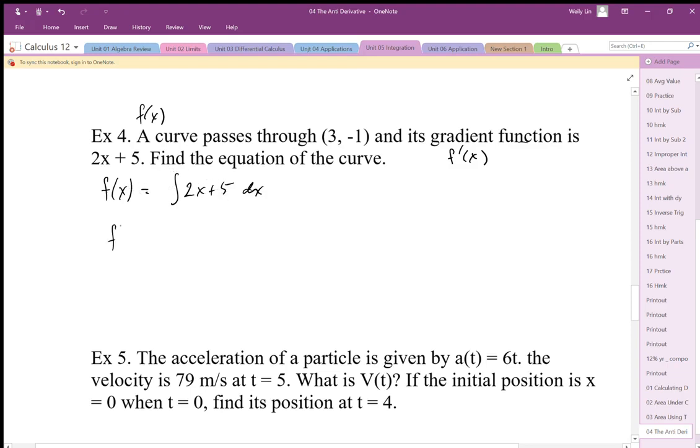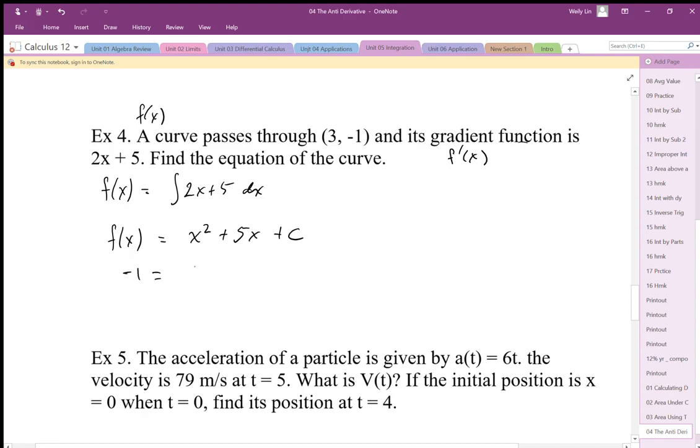So my f of x function, I'm going to get x squared. It's going to be 2x squared divided by 2, so the 2's cancel out, plus 5x, and then we have a plus c. Now that plus c we can solve because we know a point on that graph. If I know a point on that graph, I can solve for an unknown constant.